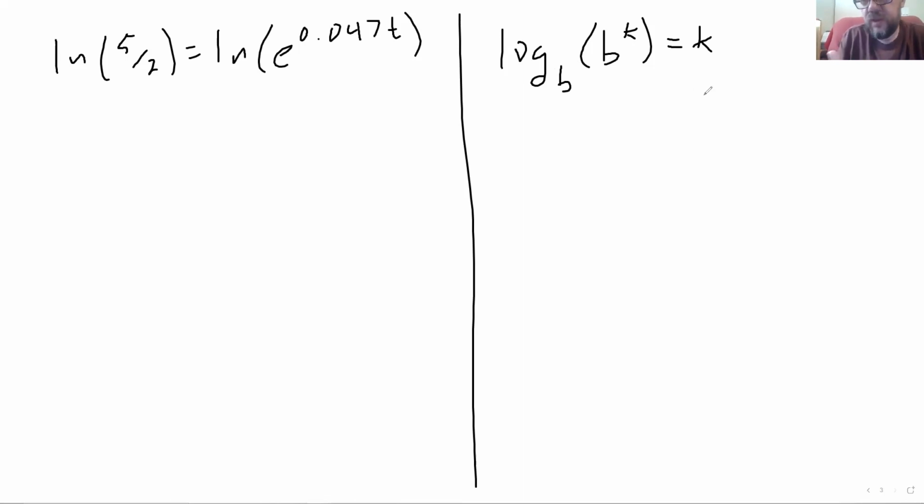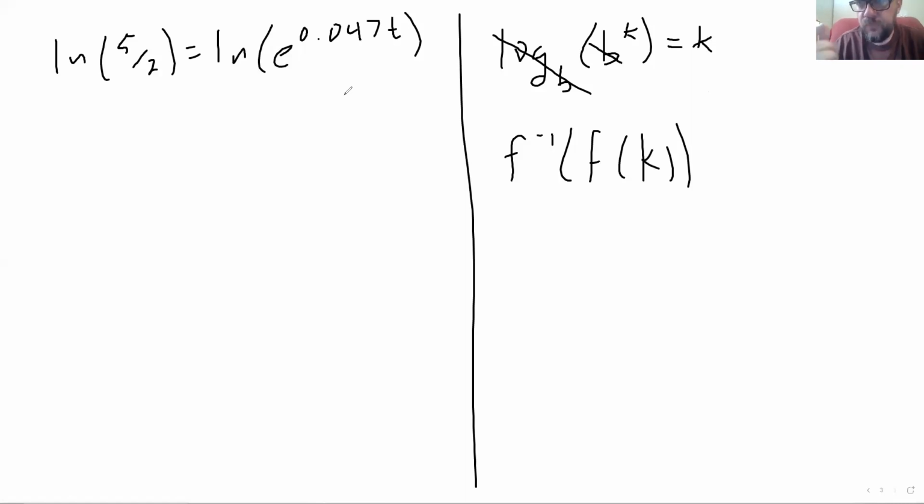You can also think of a log with the same base as the exponential you're working with as sort of canceling it out, right? They're inverse functions of each other. So this is really f inverse of f of x, or it's actually f inverse of f of k, I should say, since I'm not actually using x's here. Okay, right?